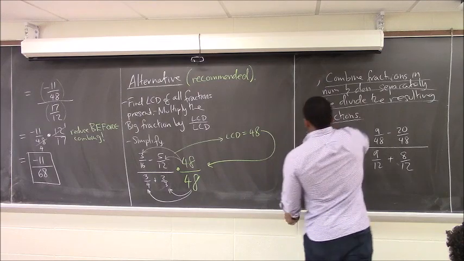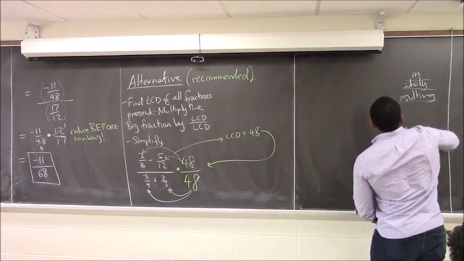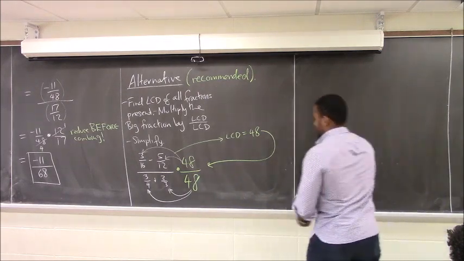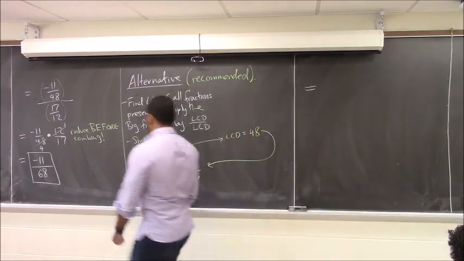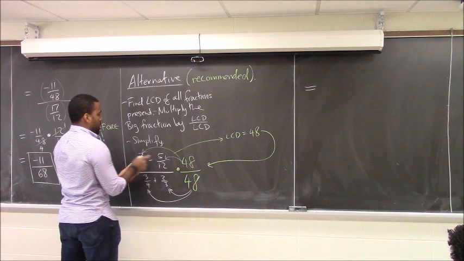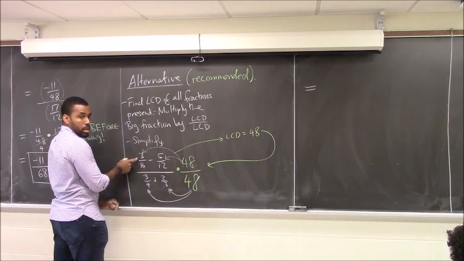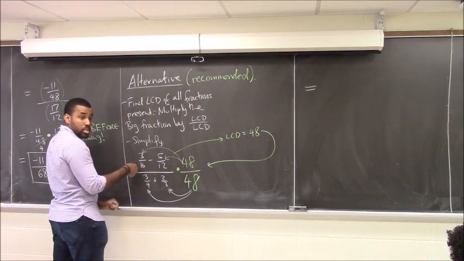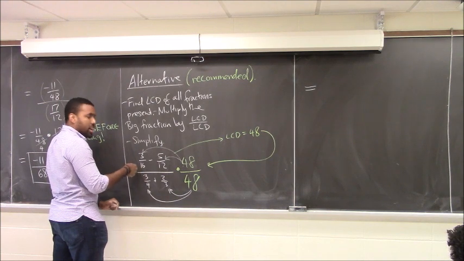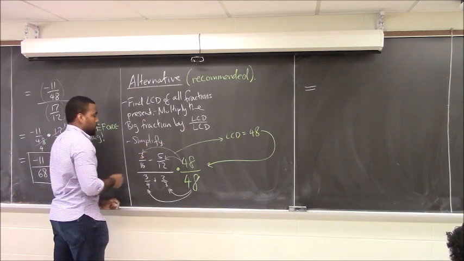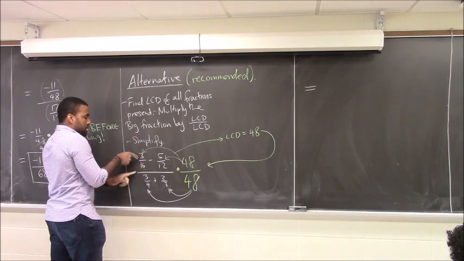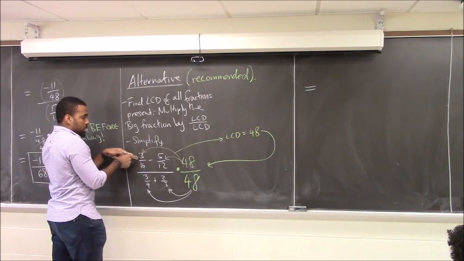Now when you multiply those, what do you notice is going to happen? If I take 48 times this, this denominator is going to cancel, right? I can literally divide the 16 into the 48, because it's the LCD. So if I multiply this by the 48, the 16 is going to go into that 48 how many times?